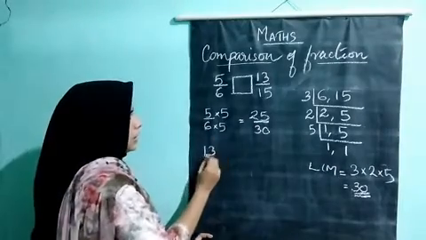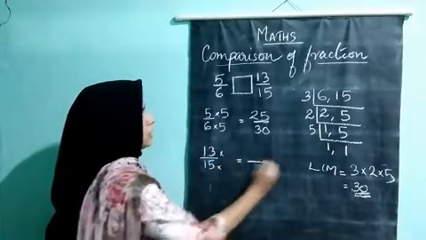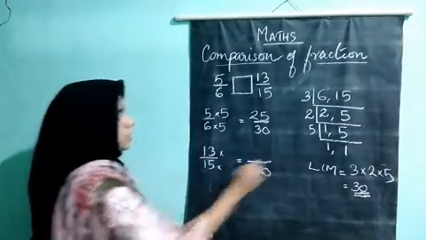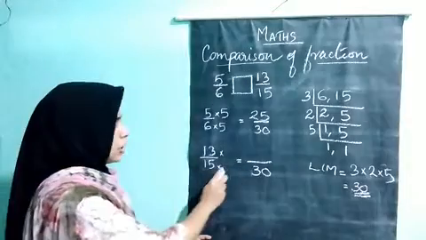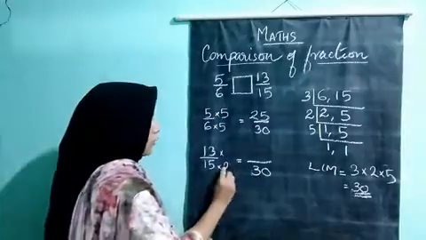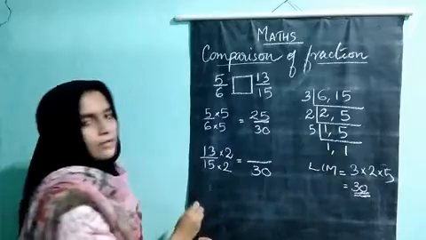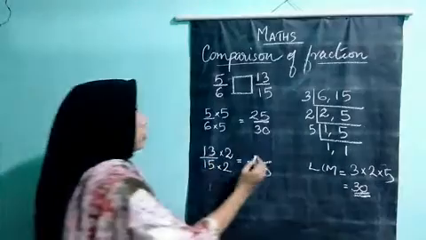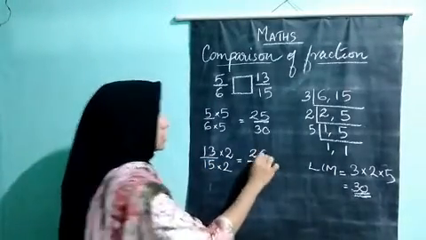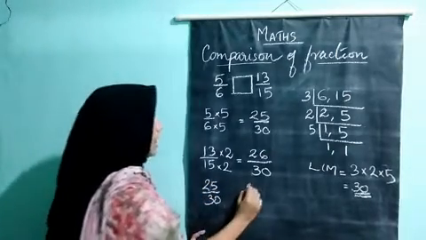Then 13 by 15. We are going to convert this 15 denominator to 30. 15 into which number is 30? 15 into 2, 30. Numerator also multiply with the 2. 13 into 2, 26. Now you got 25 by 30 and 26 by 30.